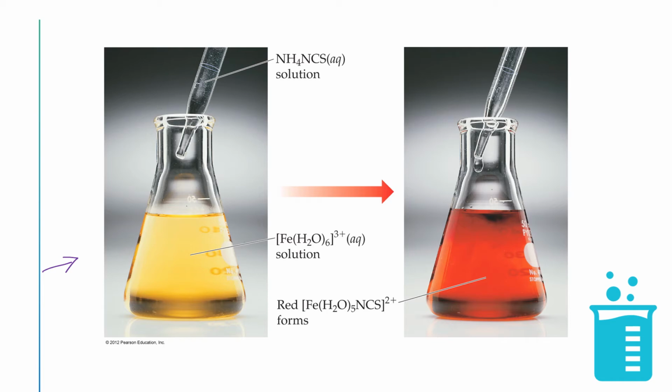But if you change out one of those water ligands for thiocyanate, it will change color to be this pretty red color instead that we're seeing over here on the right-hand side. If you are taking the 1142 lab, the equilibrium constant experiment involves the formation of this complex ion, and so you'll get to see this nice red color.